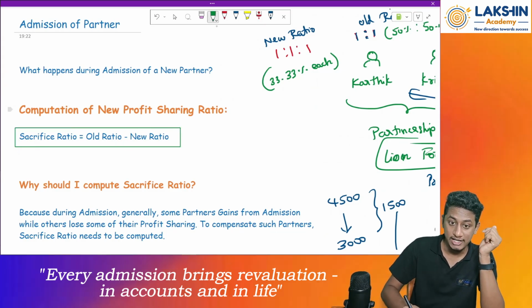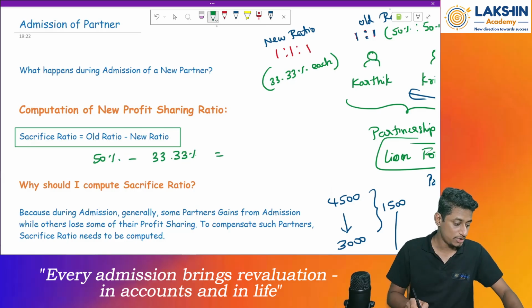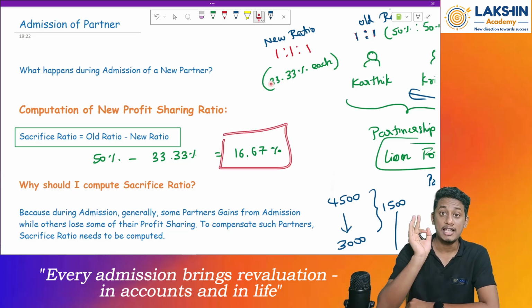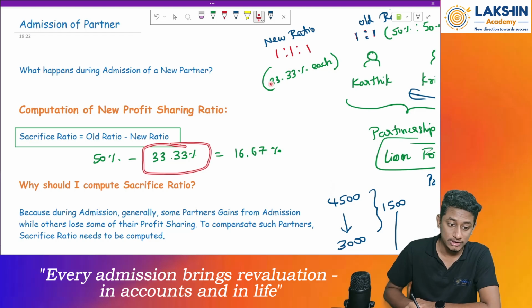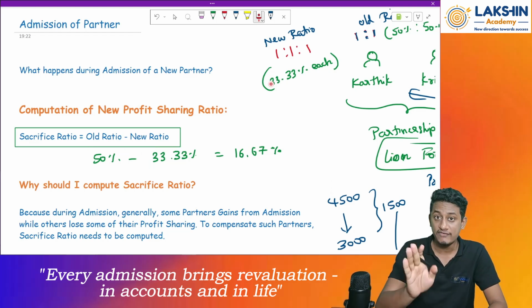So I write 50% minus 33.33%, which is around 16.67%. So 16.67 is the sacrifice ratio, this is my new ratio, and this is my old ratio. Clear? This is how you compute the sacrifice ratio. This is the logic.